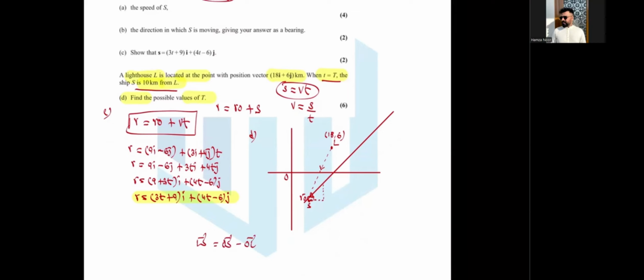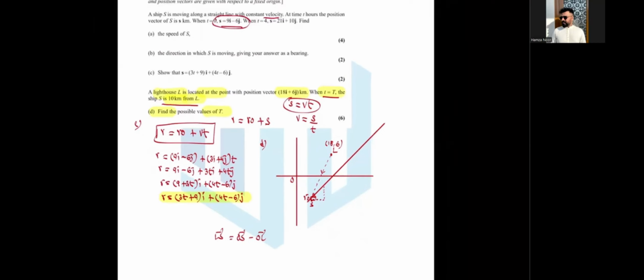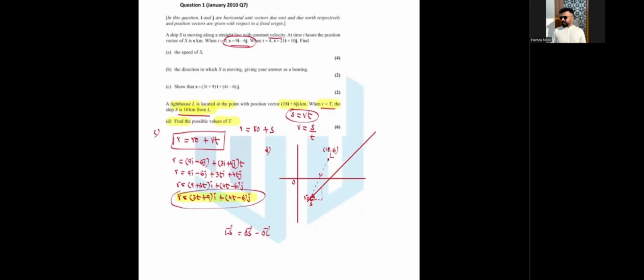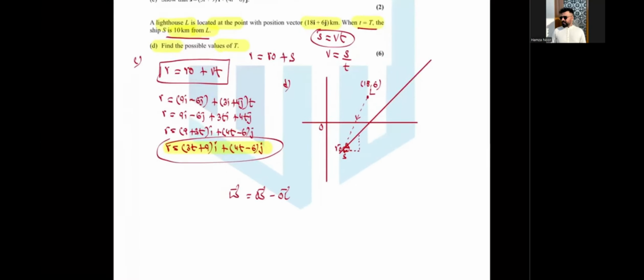The position vector of the ship at any time t, which we achieved in part C, I'm going to use over here. The i component is 3t plus 9 and the j component is 4t minus 6. I'm doing the working in the form of column vectors.